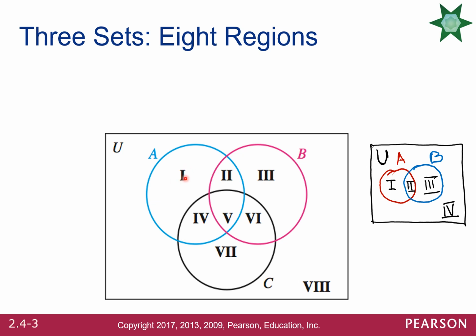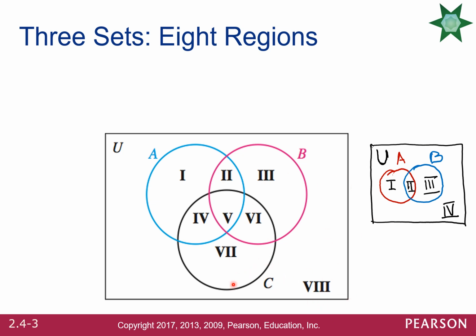So there's region 1, region 2, region 3 like we had before, but then there are four other regions, 4, 5, 6, 7, and anything not contained within the circles, but within the four walls of this rectangle, is this outside region, that's region 8.